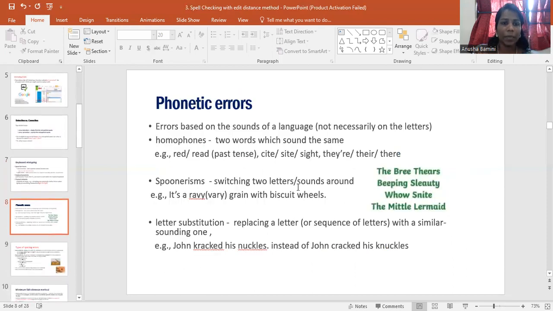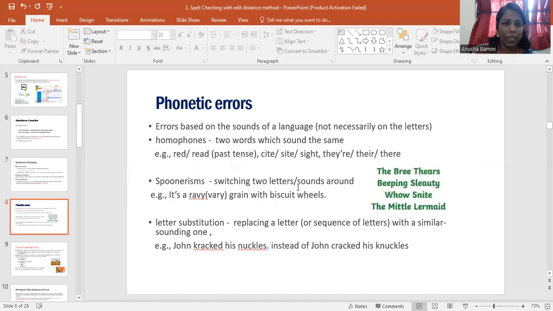Okay, the next type of error is phonetic error. When we are pronouncing a word, it will be heard like similar words. When we are talking to Google Speech Assistant, sometimes it can't identify exactly what we are saying, and it will identify a different word. That kind of error is called phonetic error, errors based upon the sound of the language.